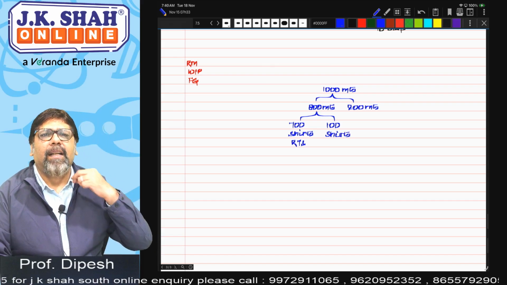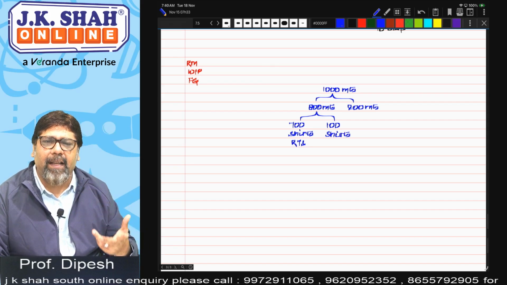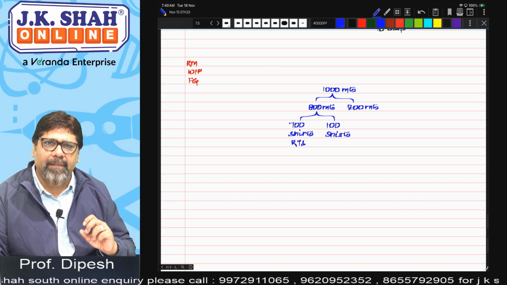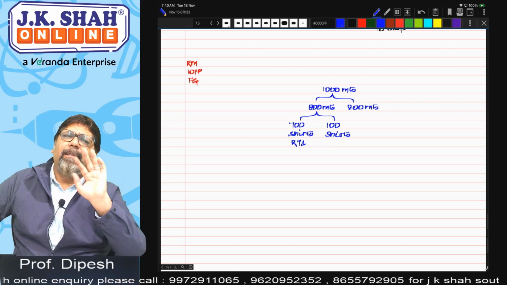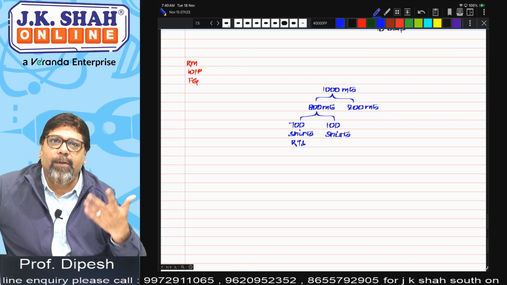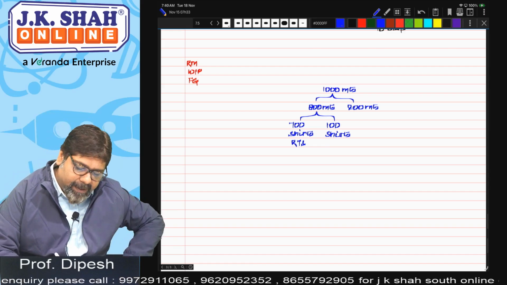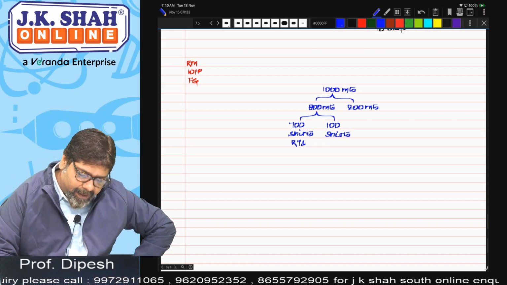That means in certain shirts the collar is not there, the button is not there, incomplete shirts. Will these incomplete shirts get completed, or never get completed? No, they will get completed. So these are ready to sell.